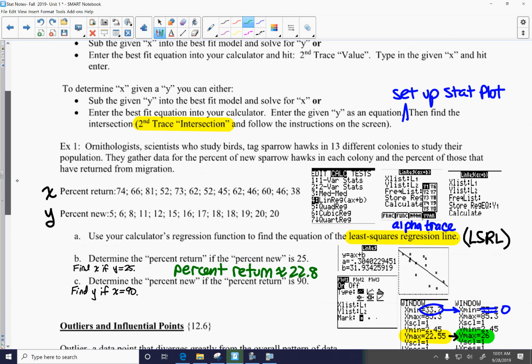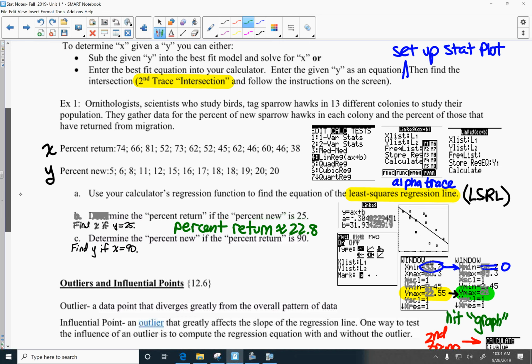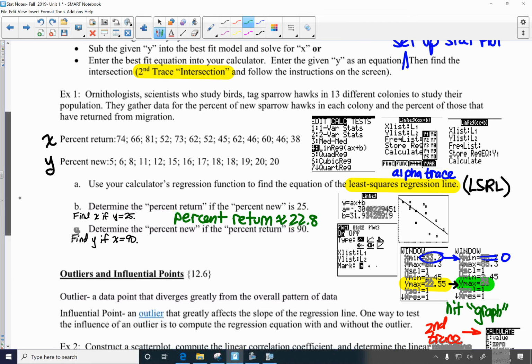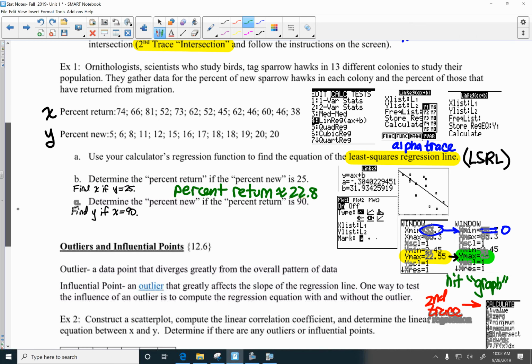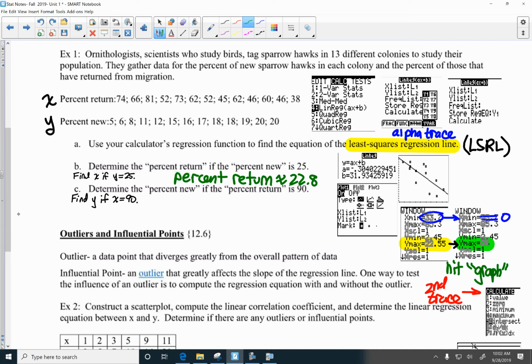So we go second mode, stat, calculate, frequency list, put in all the numbers. Clear the frequency list if it's not already blank. Then calculate, then store.